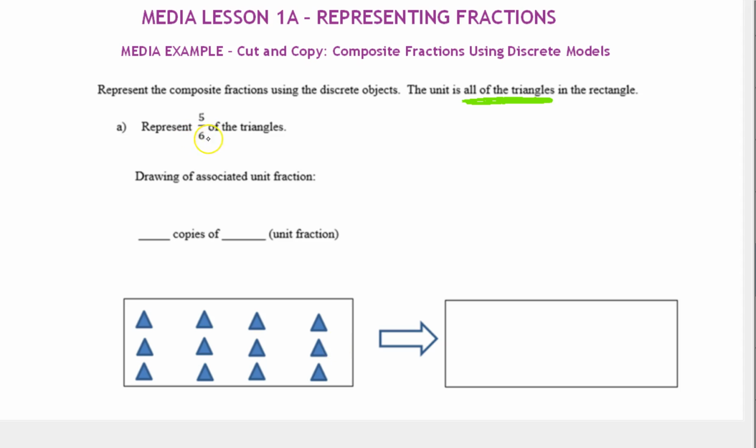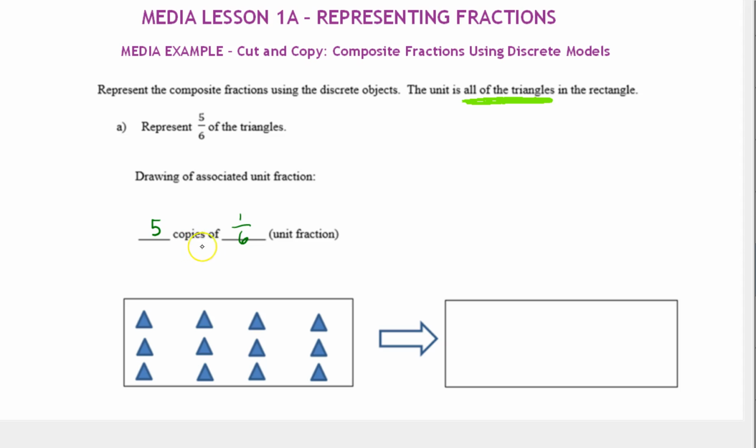So we're asked to represent 5/6 of the triangles. So I'm going to start here, even though it says drawing of associated unit fraction first. This is going to be 5 copies of the unit fraction 1/6. And we need a drawing of the associated unit fraction.